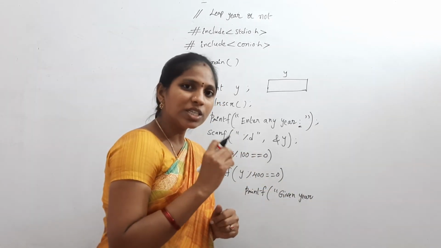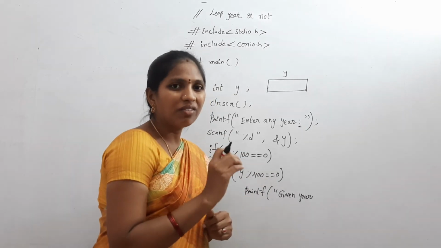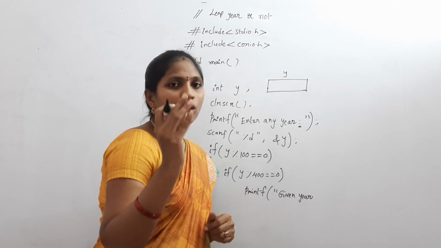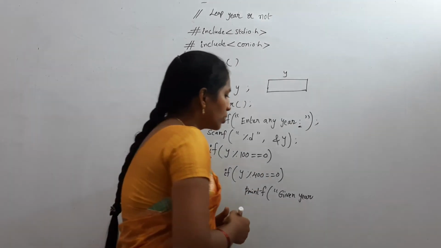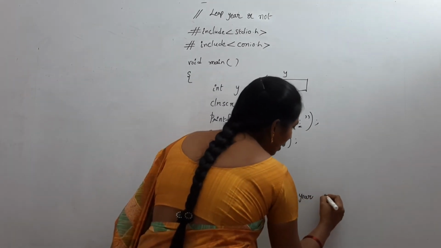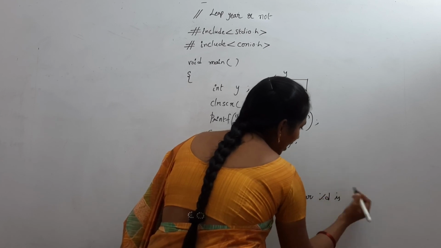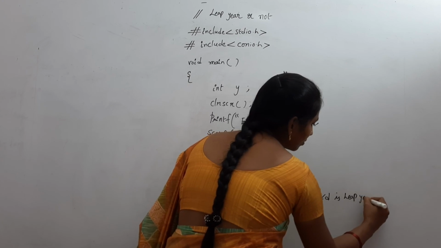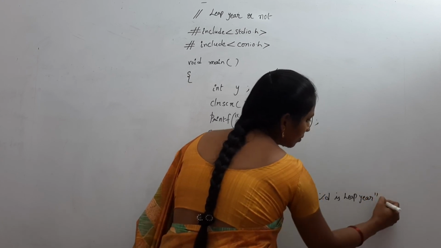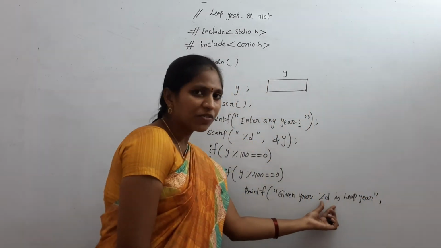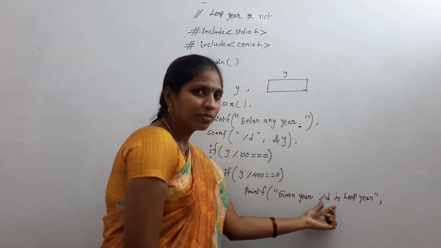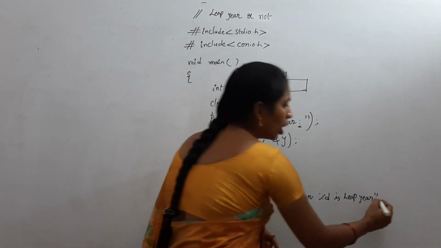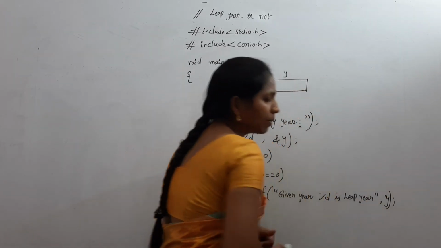But I want to display the year also. For suppose 1900 is a non-leap year, like that. So, given year %d is leap year, comma, here the format specifier is %d. The year is present in which variable? y, comma, y, semicolon.